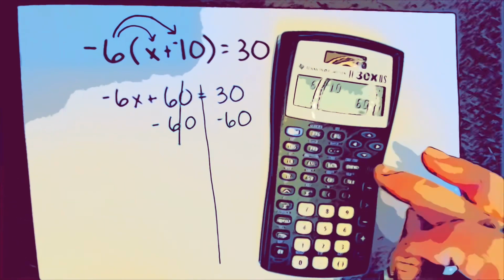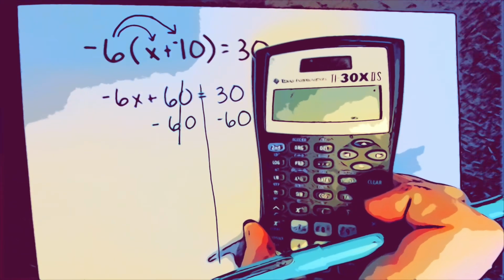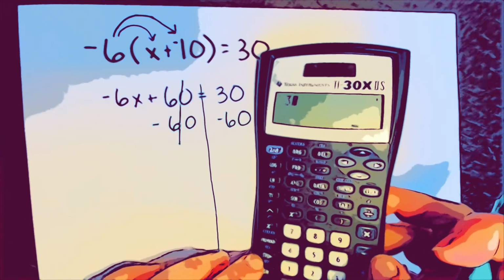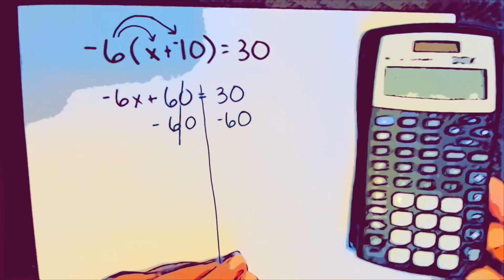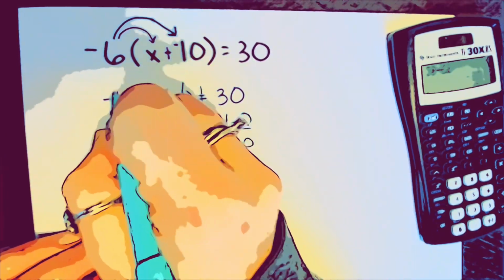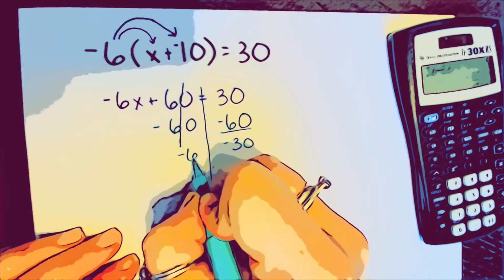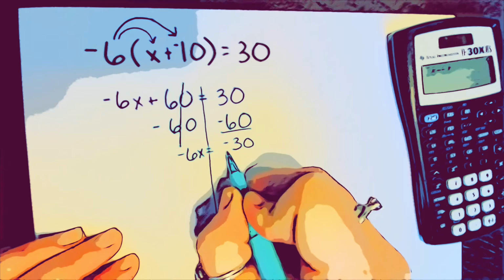And for the rest of us, it is never shameful to use the calculator. We have a positive 30. We are going to take away 60, and that leaves us at -30. So I can bring down my -6x here, bring down my equal sign. -6x equals -30.